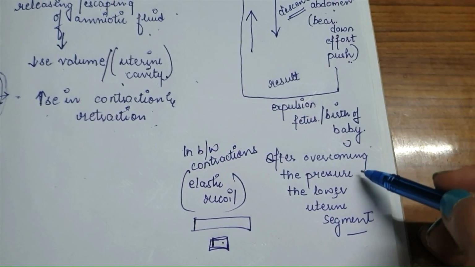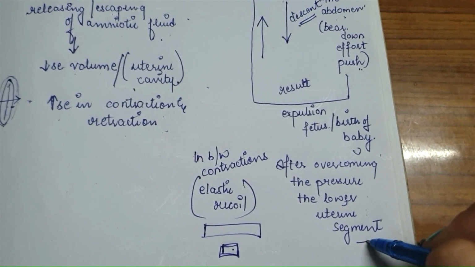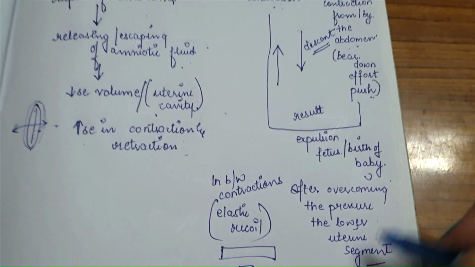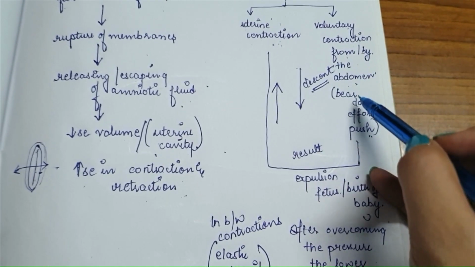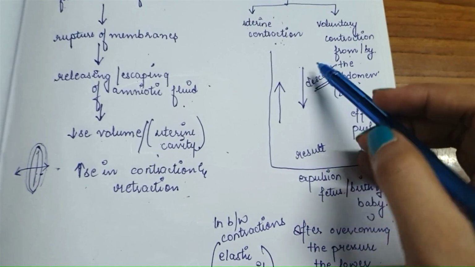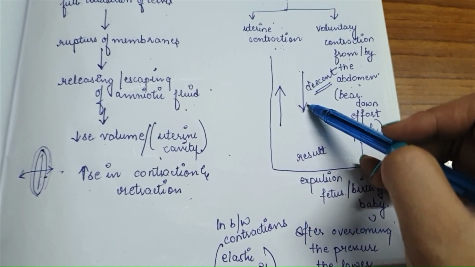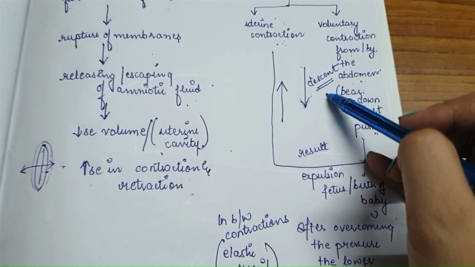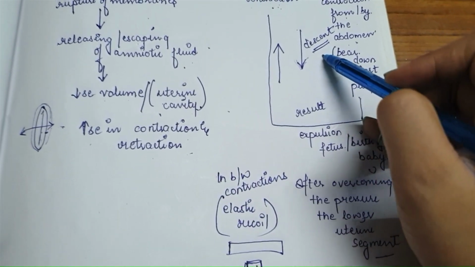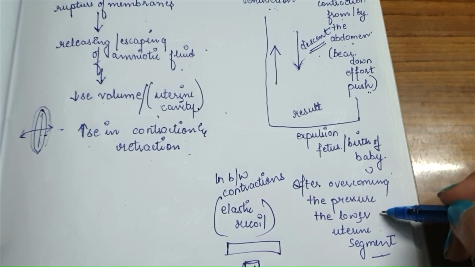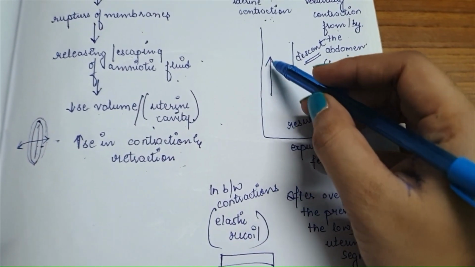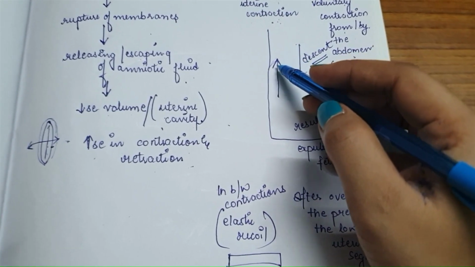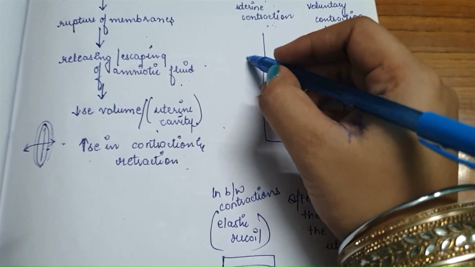After overcoming the pressure of the lower uterine segment, as we know, when there are uterine contractions or bear down efforts by the mother which push the baby downward, which helps in descent of the baby, there is a slight pressure from the lower uterine segment which pushes the baby backwards into the uterus again.